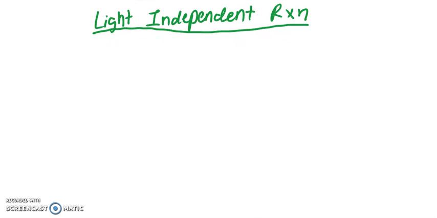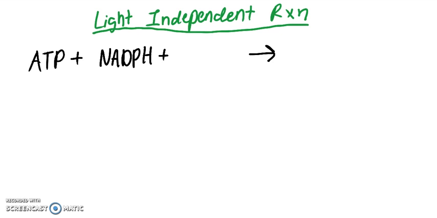Okay, so from before, we have ATP made, we have NADPH made, and then we still have one of our starting materials that we haven't talked about yet, and that was CO2. And we know the goal of photosynthesis was to make glucose, right?